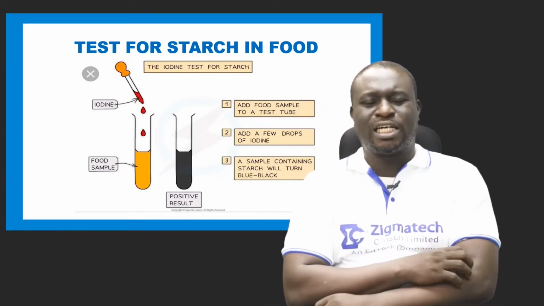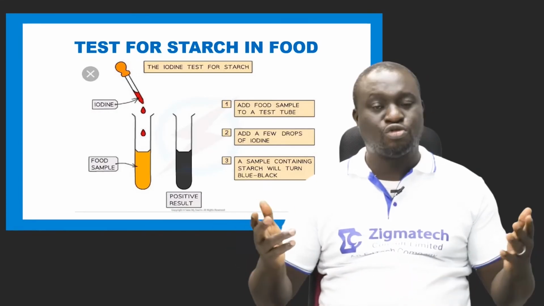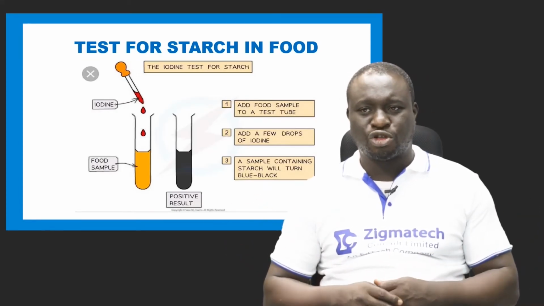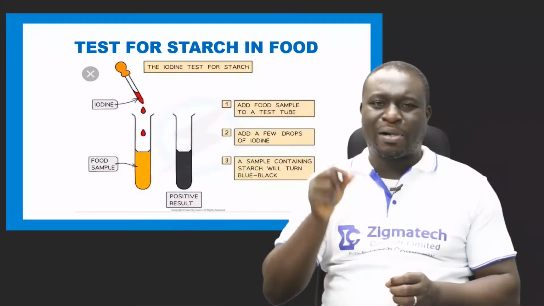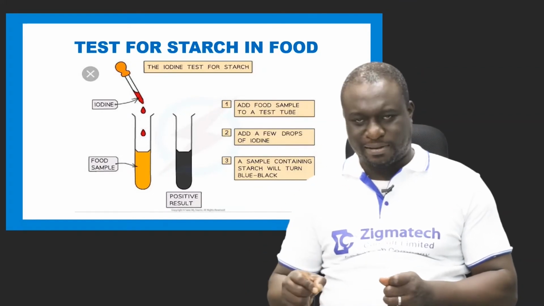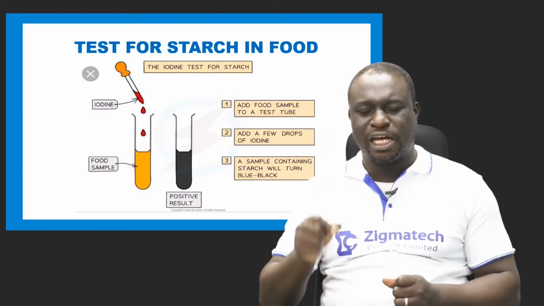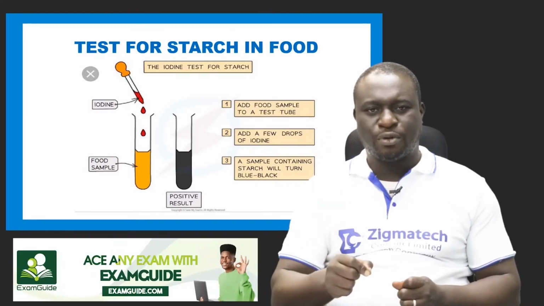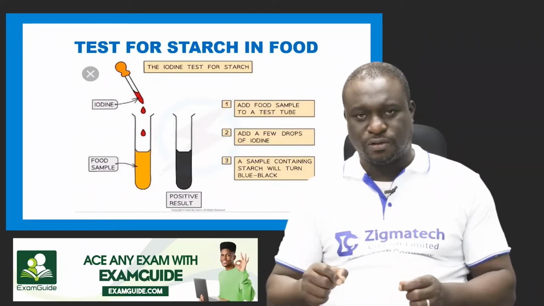Then you put a few drops of iodine solution, maybe two or three drops. When you add those few drops of iodine solution, that food sample will turn blue-black. If it turns blue-black, it means that the food sample has starch in it or is a starchy food, okay?